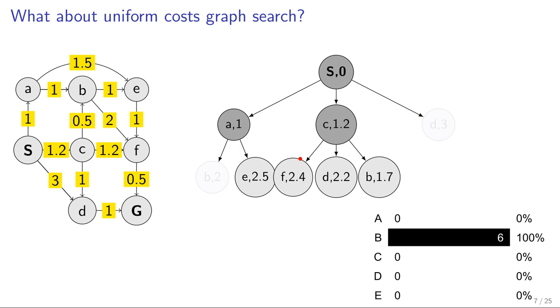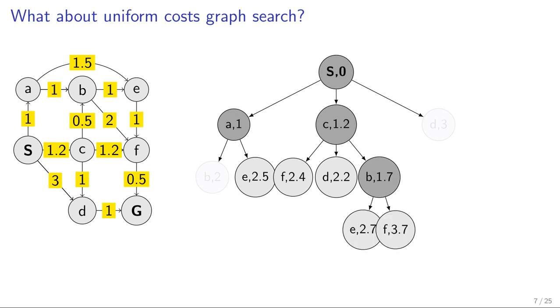We just look for the smallest number around, which is 1.7. So you're going to expand B, and you get this. Here again, you check the duplicity of these states.